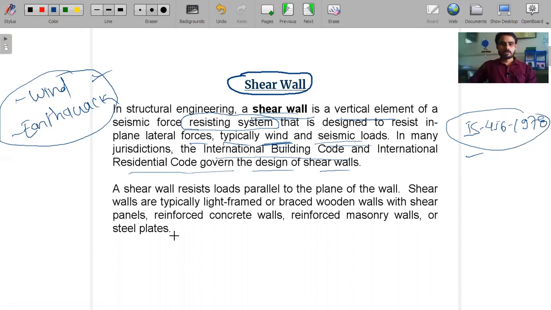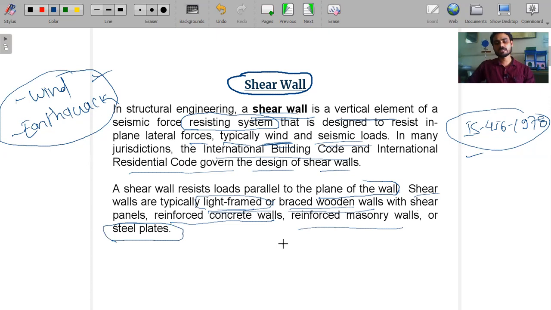The shear wall resists load parallel to the plane of the wall. Shear walls are typically light framed or braced wooden walls with shear panels. With the help of light framed structures, or braced wooden walls with panels, or by RCC walls, reinforced masonry walls, or steel plates, we can construct shear wall.